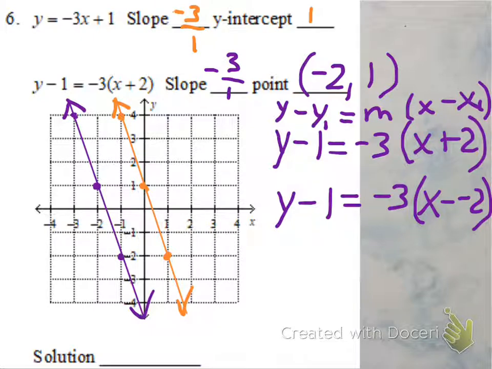Now when you look at these graphs, you don't see any place where they intersect. In fact, if you compare their slopes, they are the same, and they're obviously not the same line, so they're not intersecting at all, so no solution. That happens every time with parallel lines.